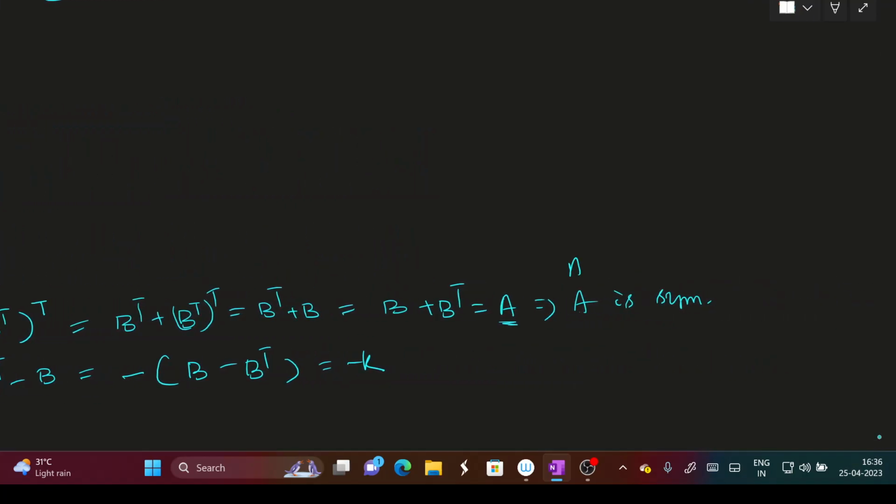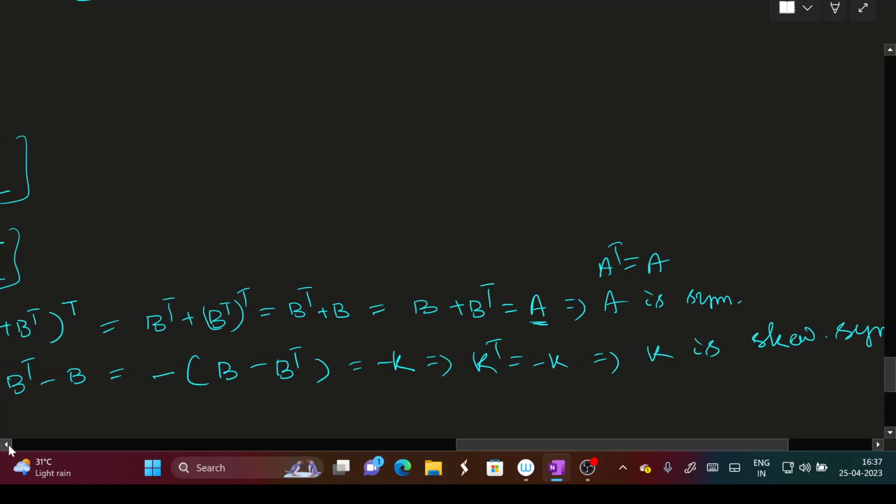So here A transpose is equal to A, hence A is symmetric. Here K transpose is equal to minus K implies K is skew symmetric. So this part is also over.